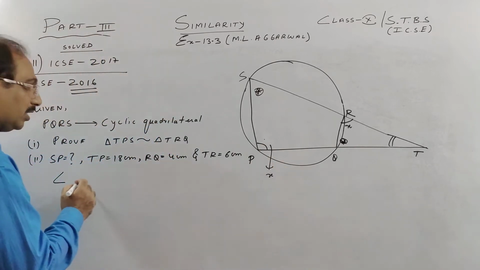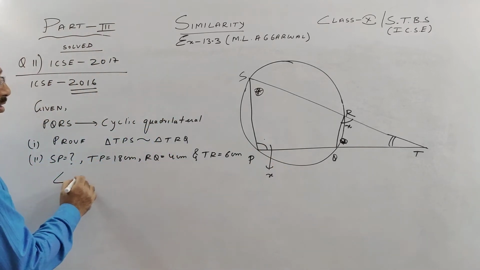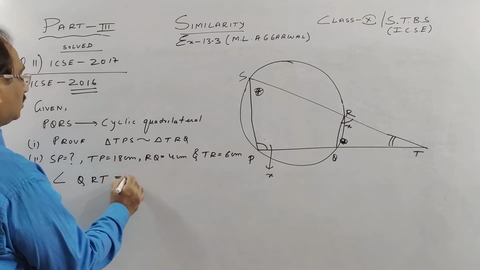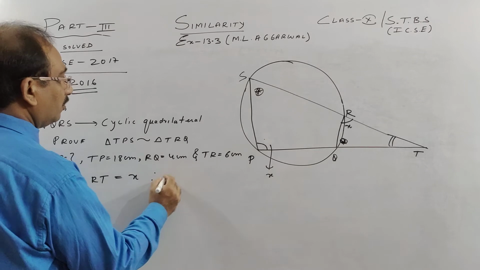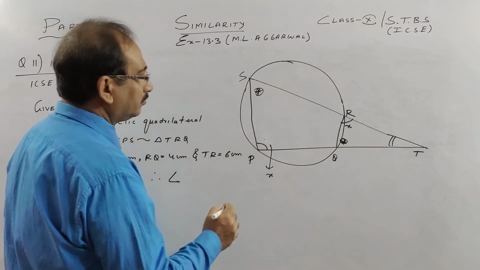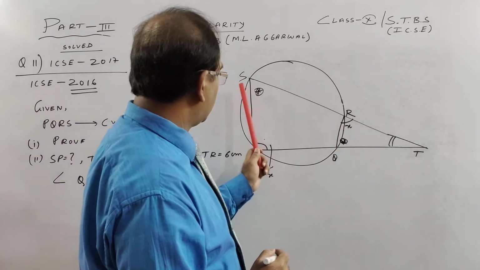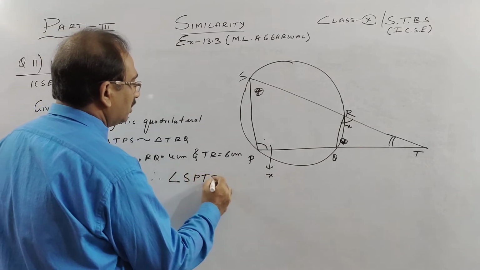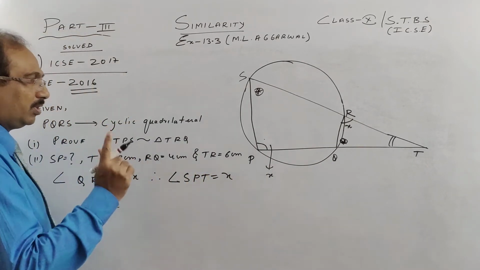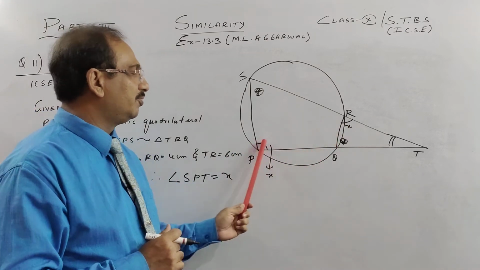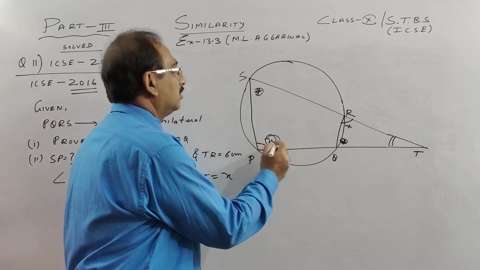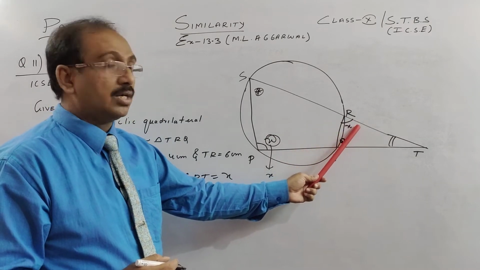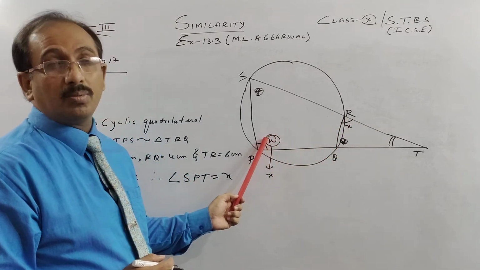So it's given angle QRT is X. Therefore, angle SPT is also X. Reason: 1 mark you will get for using this theorem of circle, that the exterior angle of a cyclic quadrilateral is equal to the interior opposite angle.